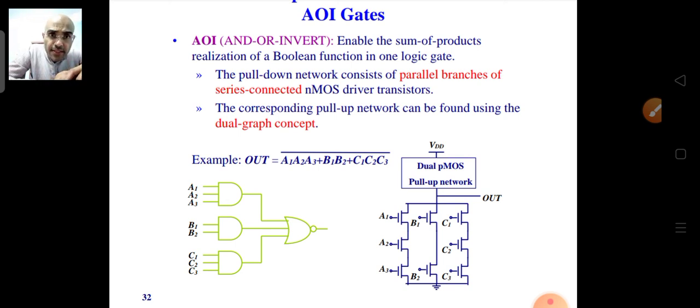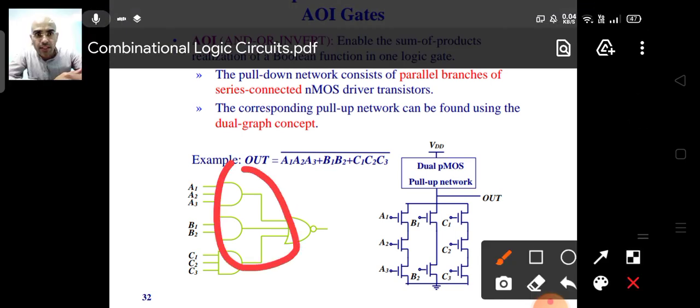If you want to realize this, you can draw its logic diagram. The logic diagram for the circuit will look like this.